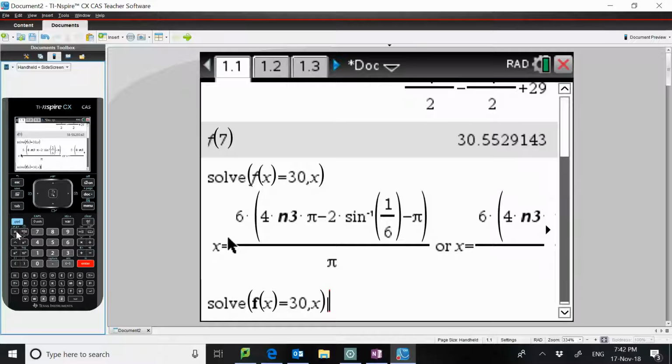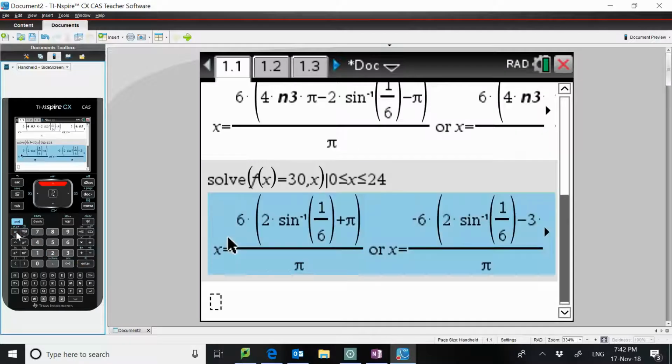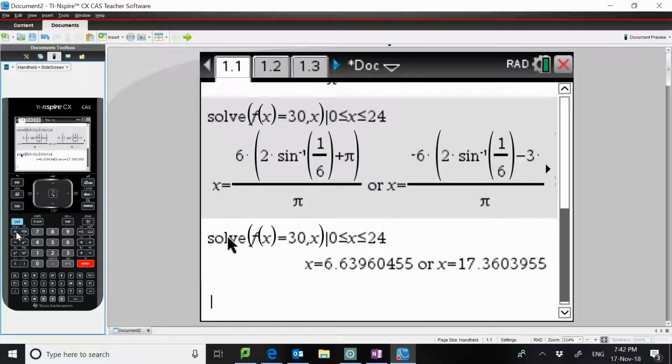I'll say given that x, so the time, is between 0 and 24 hours. Now I can get an answer. There we go. So press Control Enter, by the way, to get the decimals. Otherwise, you get these weird answers up here. So that tells me that 6.639 is the first time I will reach a temperature of 30.